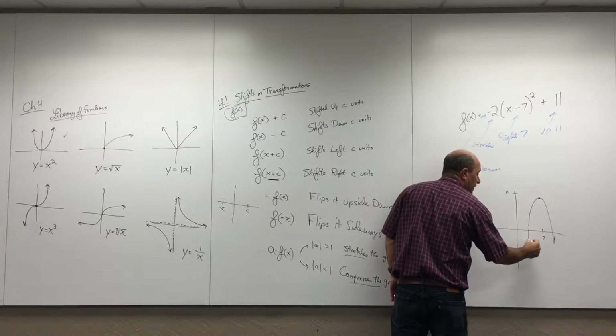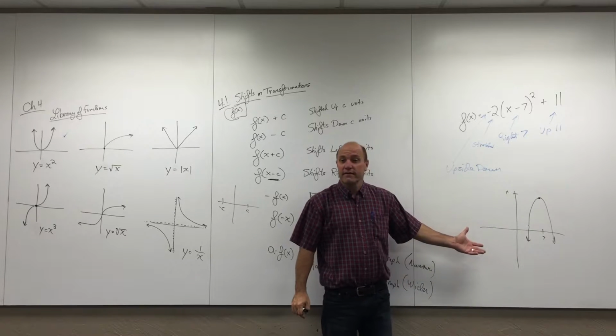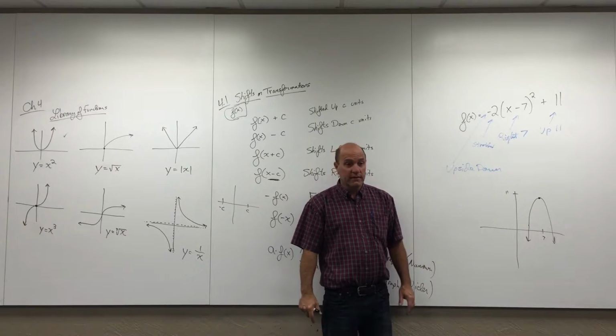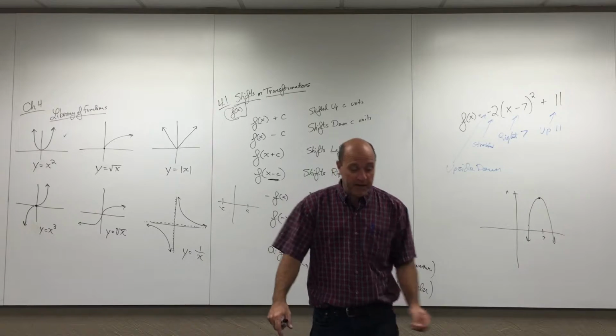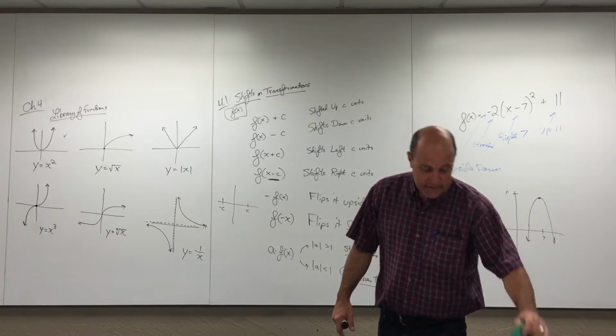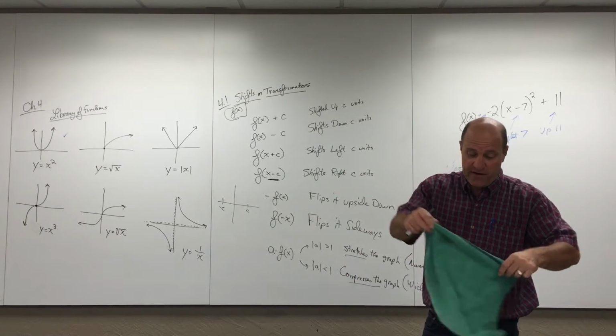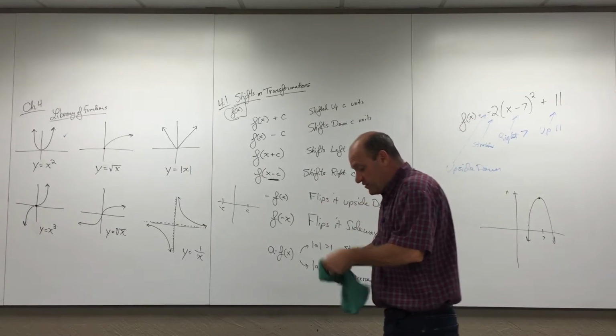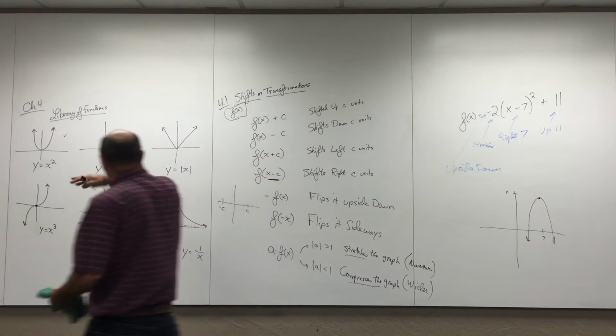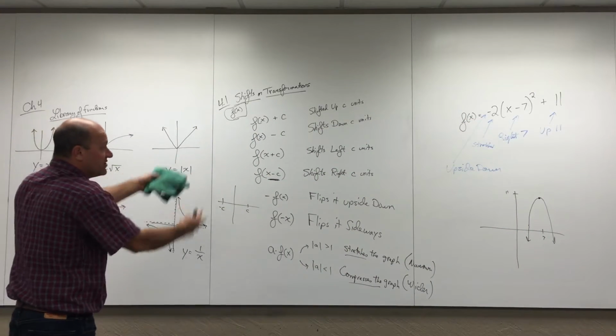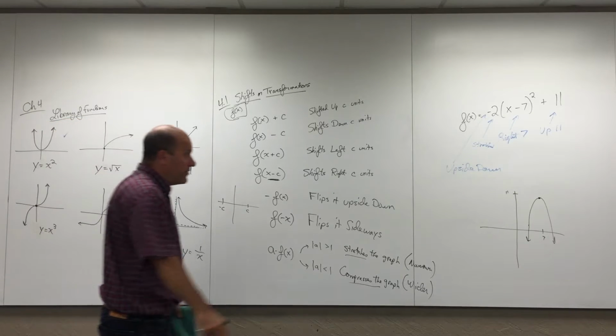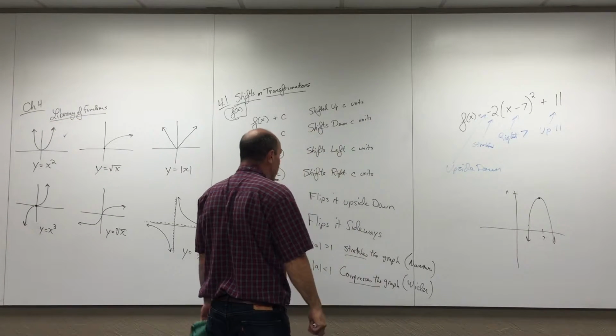That's pretty darn good. I like this section. When you master this, you're very powerful. You've got a bunch of functions in your head, and you know how to shift them. You know a lot of stuff.